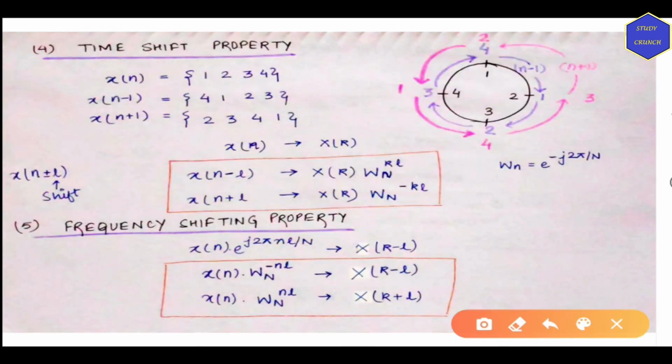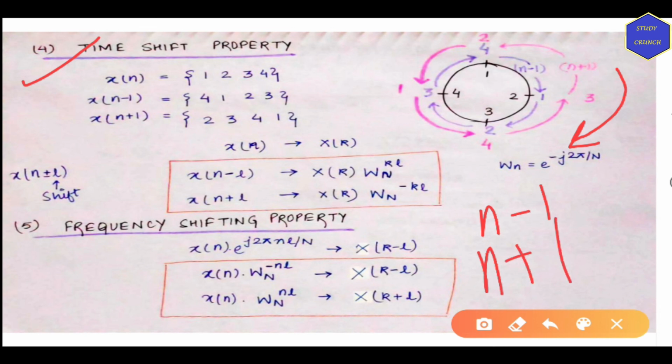Next is the time shift property. What does this property say? If we rotate or shift this sequence to the right, that is in the clockwise direction, it will be n minus 1, whereas if we shift it in the anti-clockwise direction, it will be n plus 1. Just remember this.